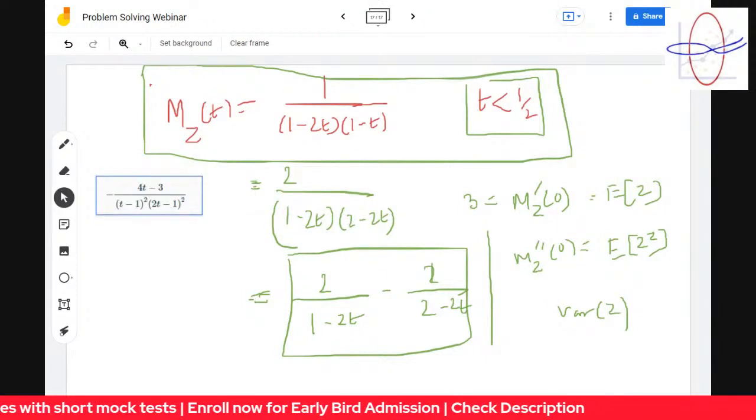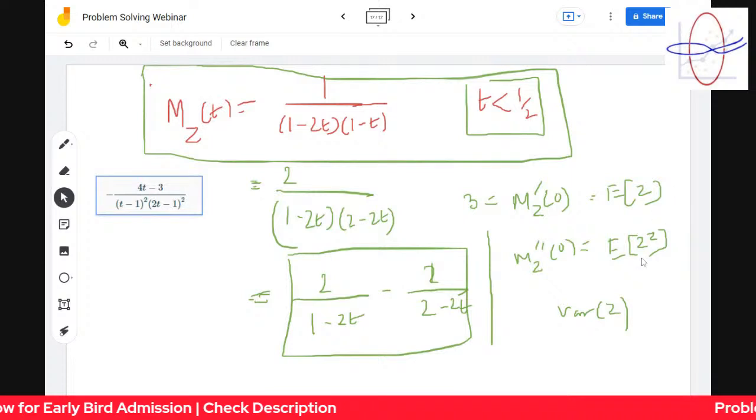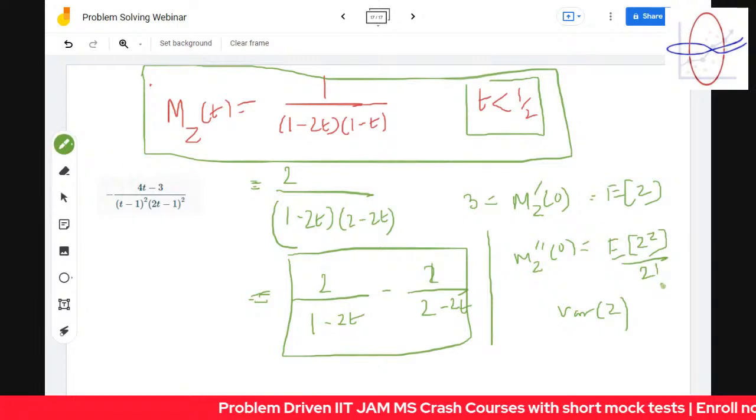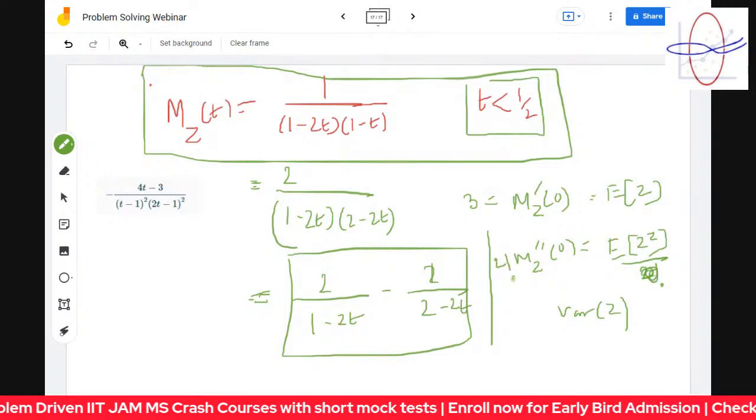That's the second derivative. Oh, I think this is not correct. There's an issue over here. It's like expectation this by 2 factorial is there. Sorry, there's a 2 factorial over here. So you can find out multiplied by 2 times.